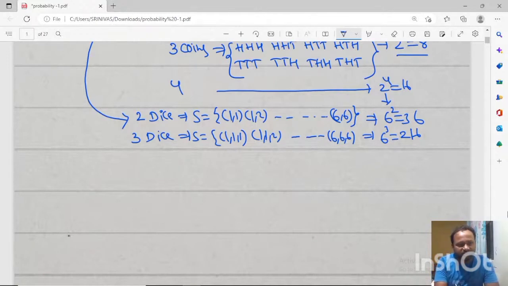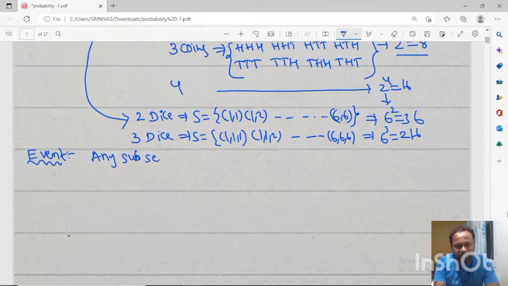Next, event. This is a frequent question or frequent condition in probability. What is event? Event means any subset of sample space.